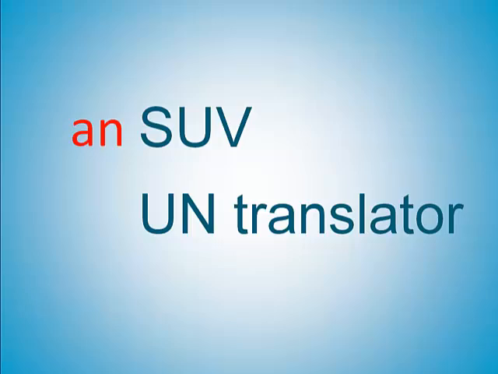We say an SUV. The letter S is a consonant, but when we say the letter name, S, that first sound is a vowel sound. We say a UN translator because when we say the letter name, U, it starts with the consonant Y sound, like unicorn.